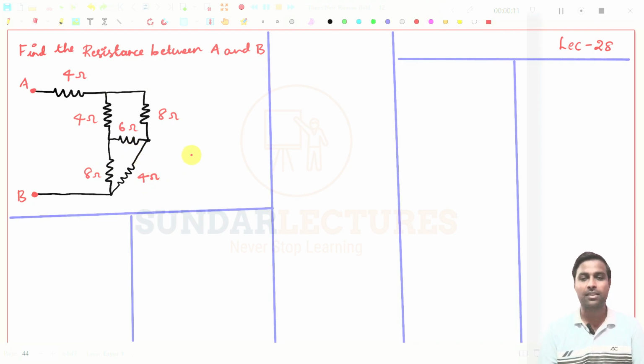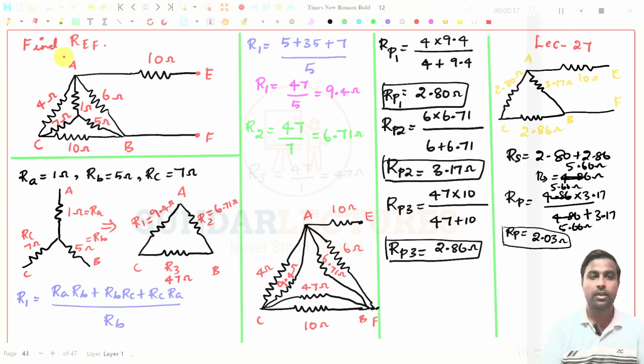In the last class, we saw a star to delta connection. We took that problem and found the resistance between point E and F. There is a star connection, and we converted that star into a delta connection and found the equivalent resistance between point E and F. If you convert this star to delta, the circuit looks very simple.